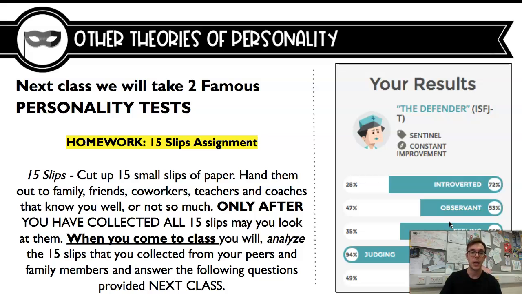But that's what we're going to be doing next class. So please, please, please make sure you get these 15 small slips of paper collected. Bring them with you to class. Look them over before you come to class. If you don't have time to do that, then you can look them over when you get here. But class is going to be really short now, as we only have 50 minutes to actually meet in person.